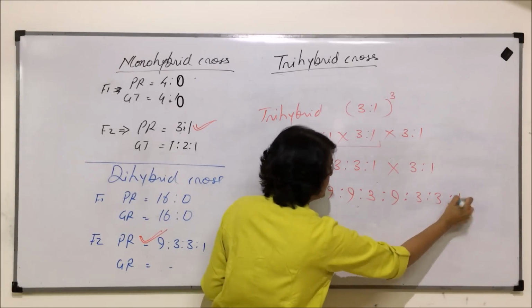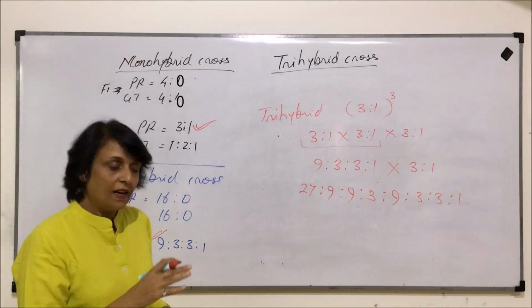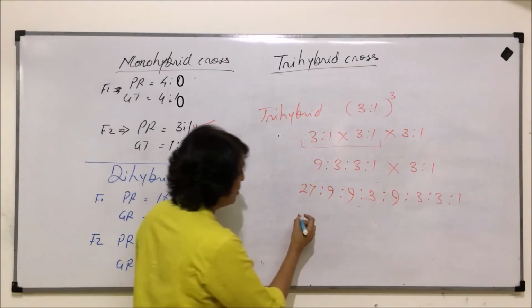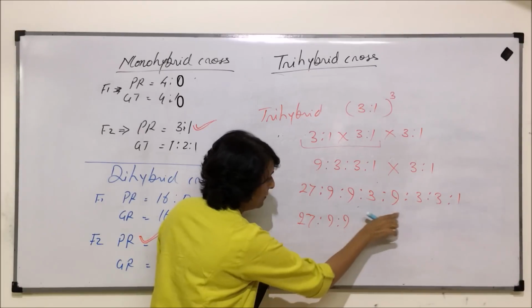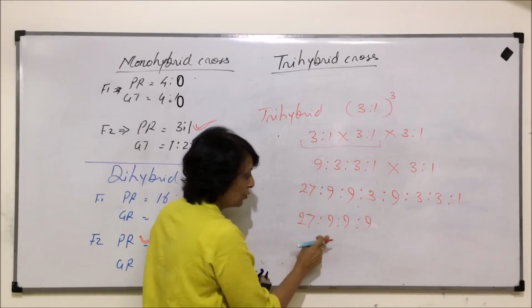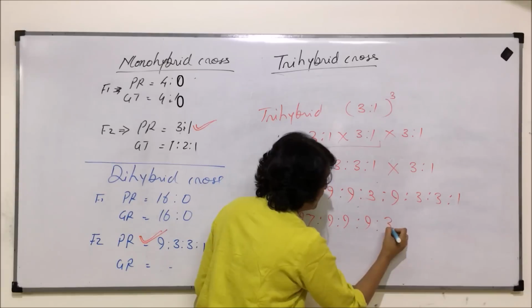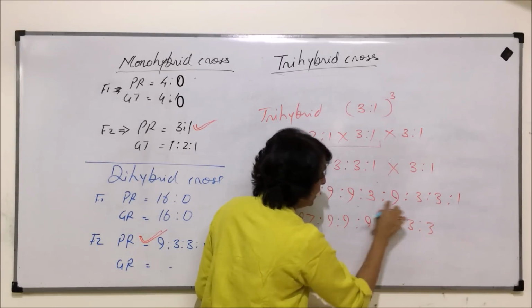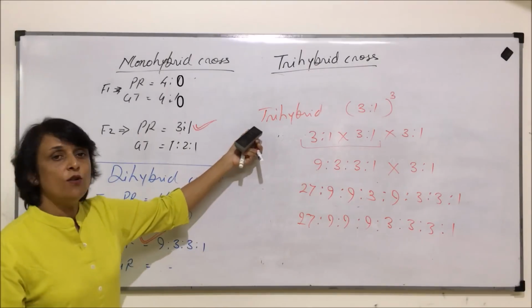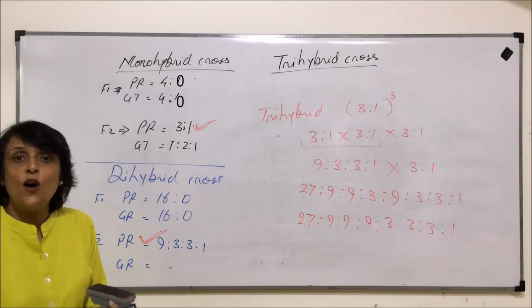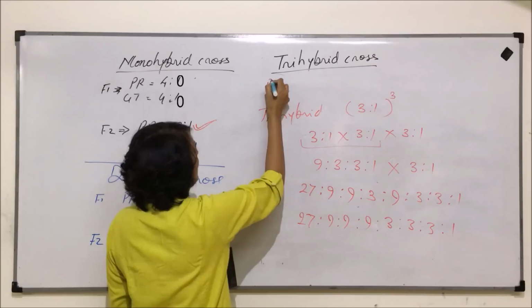And 1 into 1 is 1. We can reshuffle this ratio to 27:9:9:9, bringing this 9 here, then 3 times 3, and 1. This is our phenotype ratio in case of a trihybrid cross.